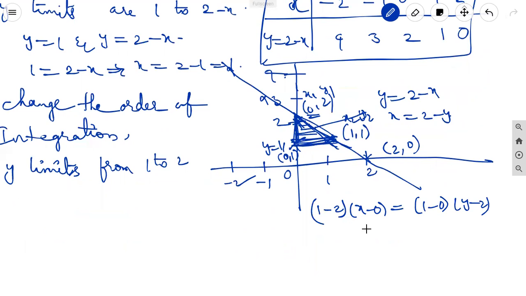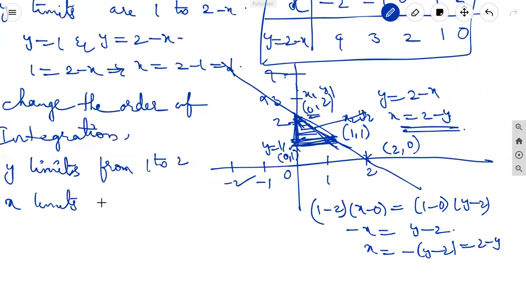From this, minus x equals y minus 2, so x equals minus of (y minus 2), that is 2 minus y. That is the x variable. We can take either formula, passing through the 2 points or interchanging. So clearly the y limits are from 1 to 2, and x limits are from 0 to 2 minus y.